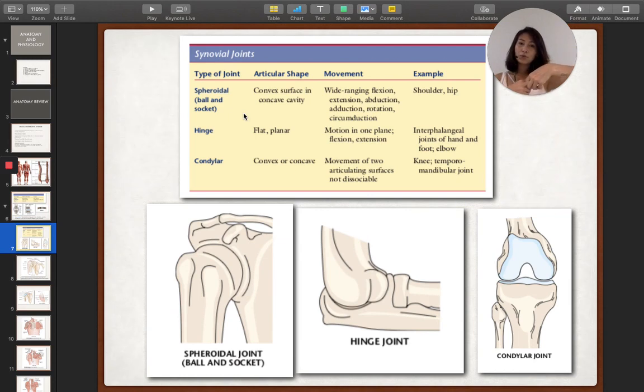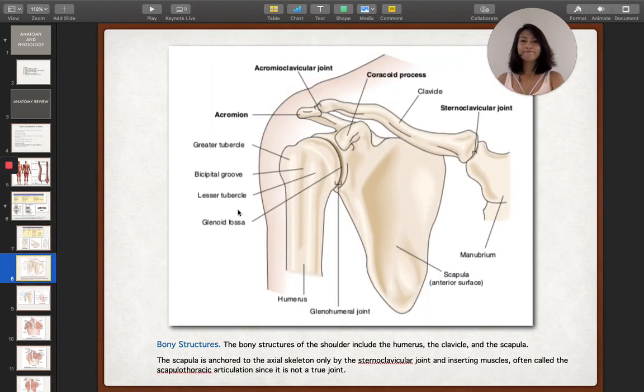It gives you movements of two articulating surfaces, but it cannot isolate or separate them from each other. Examples of these joints are the knee joints and the temporomandibular joints, which is around the jaw.